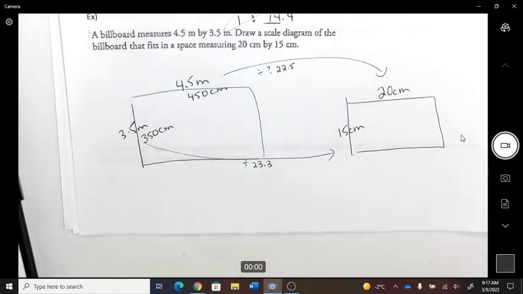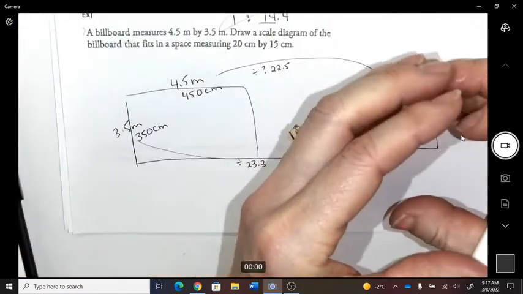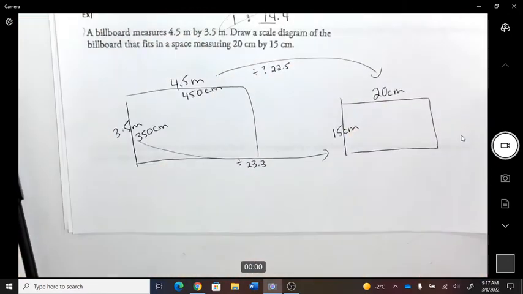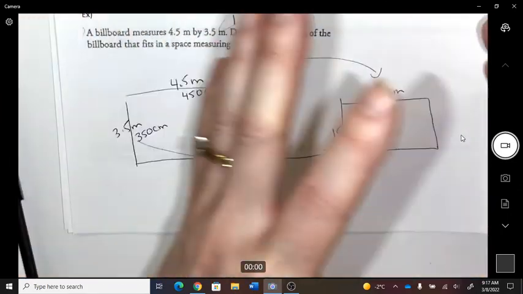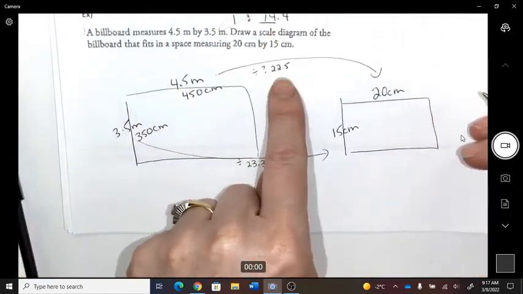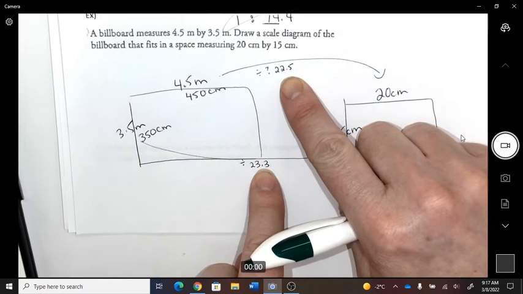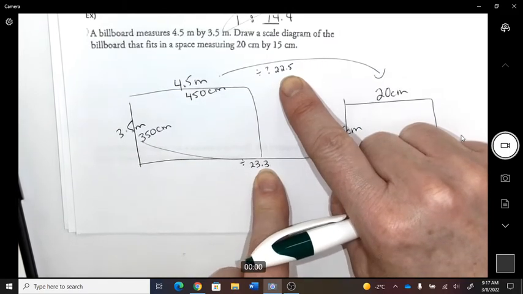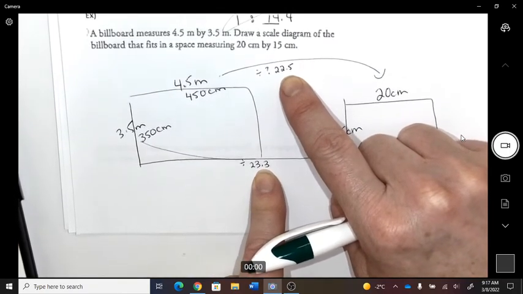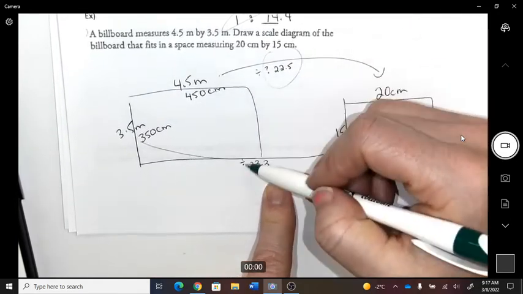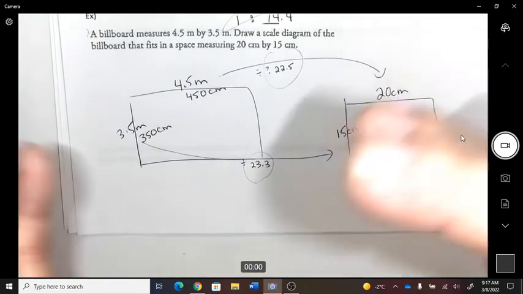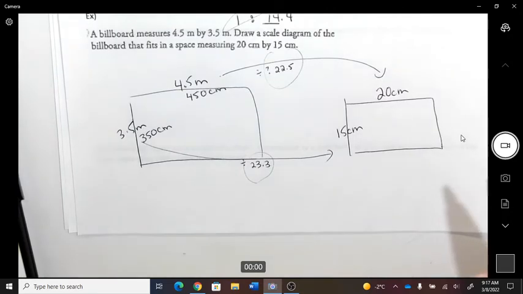Okay, now here's what we're going to think about. When you're shrinking it, you have to pick something bigger than this. So maybe I'm going to pick the number 24 or 25. Okay, when I do a scale diagram, I have to pick something bigger than this to shrink it enough to fit it on the page.